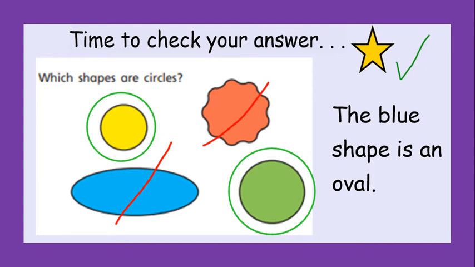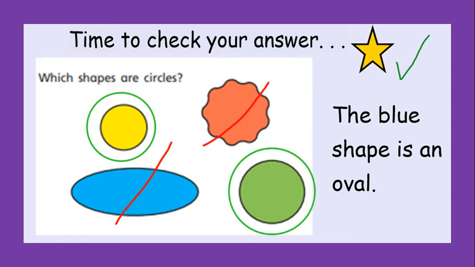Okay then, so we've got here a lovely yellow circle, and we've got here a lovely green circle, but this blue shape here is actually an oval. And when I was looking at this shape, me and my friend decided it was a sort of flowery shape. We thought it looked a little bit like a flower, but we didn't really know the proper shape name for that one.